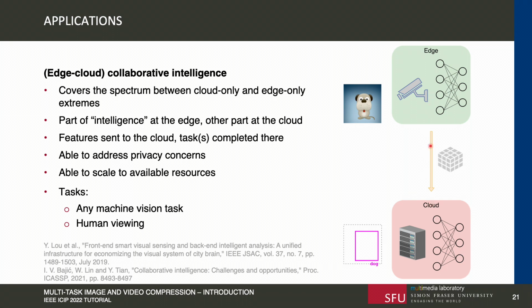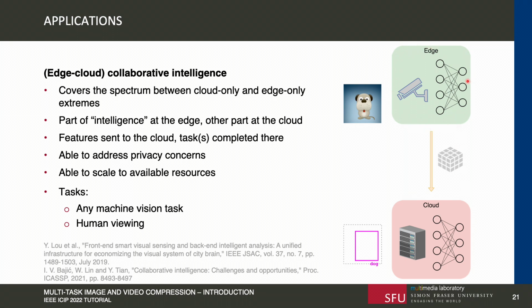The fact that features are sent over a communication channel means that compression is required here, but the benefits of this approach would be that privacy could be addressed by virtue of the fact that it's the features rather than the input signal that's being communicated, and the approach could also scale to the available resources at the edge device.